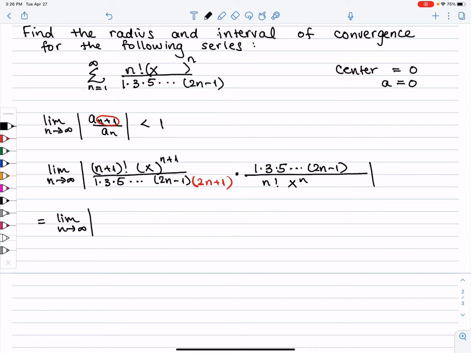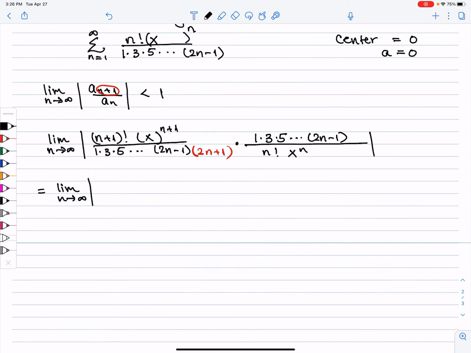I'm going to show the work for those of us that need to see the work, but you can skip a couple of seconds ahead if you don't need to see the work. So n plus 1 factorial is n plus 1 times n factorial. x to the n plus 1 is x to the nth times x. And then I'm going to simplify 1 times 3 times 5 all the way to 2n minus 1. And when we do that, the denominator now becomes 2n plus 1, n factorial times x to the nth.